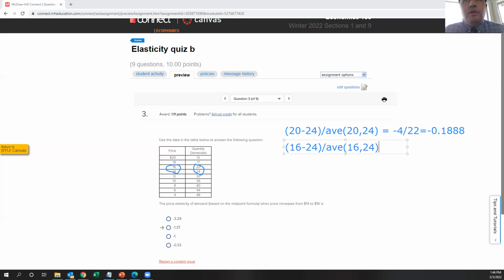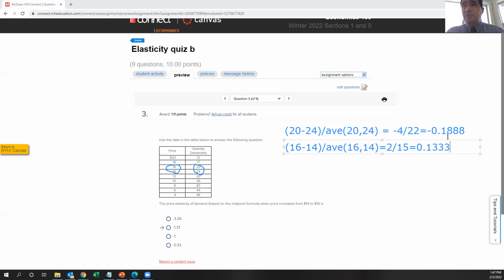Let's see, what did I do? No, I did this wrong. 14 to 16. So 16 minus 14 divided by the average of 16 and 14. That's equal to 2 divided by 15, which is 0.1, and then a bunch of threes.